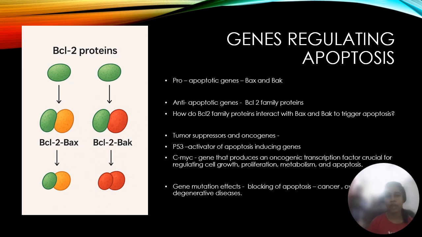Under normal conditions, the BCL2 family proteins will go and bind to BAX and BAK and make them inactive, and that will prevent the mitochondrial outer membrane from permeabilization, that is, forming pores and the subsequent release of cytochrome C and all that.